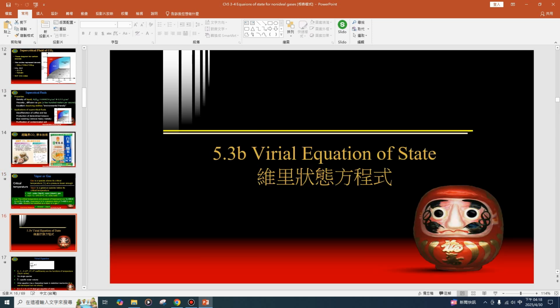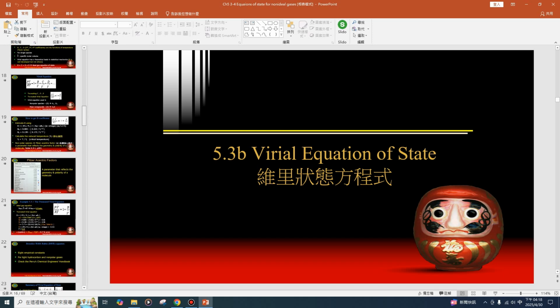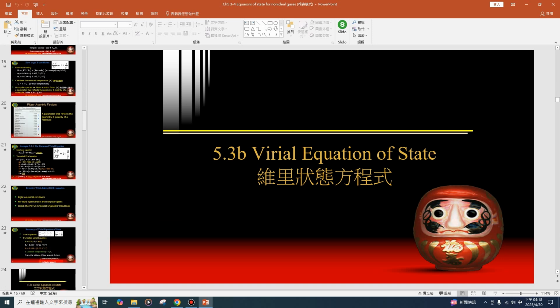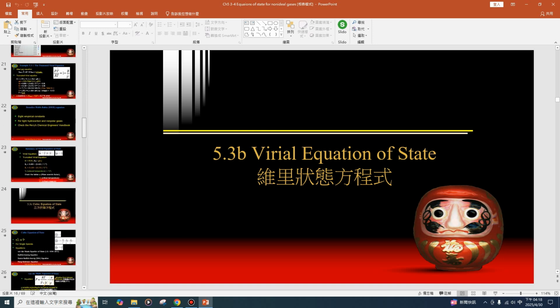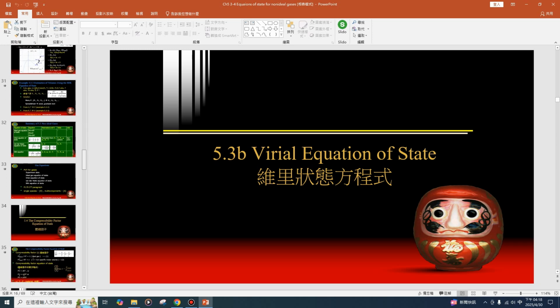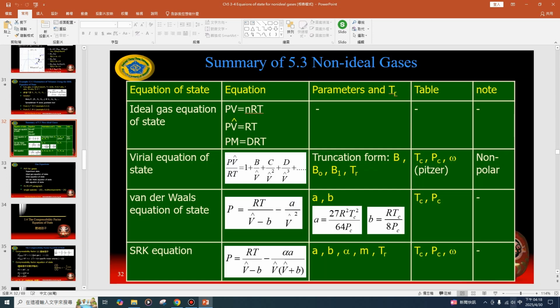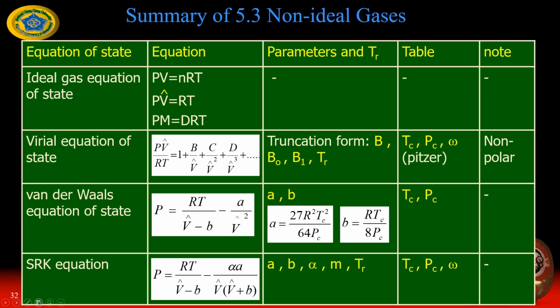Right, and then after that we started to introduce the equations for the non-ideal gases. The first one we introduced is the virial equation of state, right? Okay, so this is the table. I want to tell you that I summarized the non-ideal gases in this table. As you can see, for the ideal gas equation of state, this is the equation you know very well, PV equal to nRT.